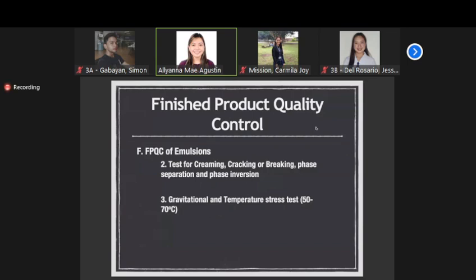Pero, after agitation, babalik na siya sa pagiging original emulsion. Pero sa cracking or breaking, pag sinabi natin broken na ang emulsion, that's already irreversible. So, possible na sira na or expired na si emulsion.